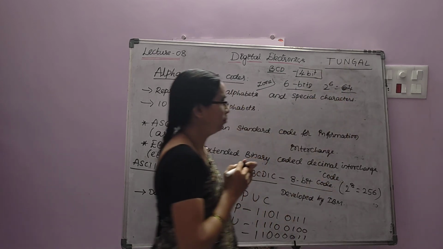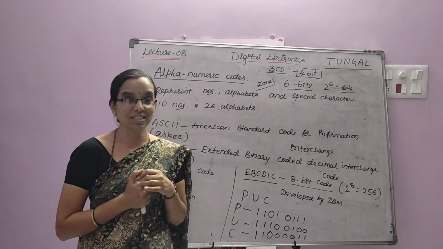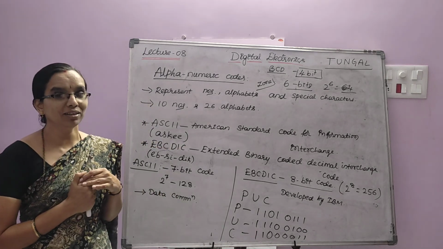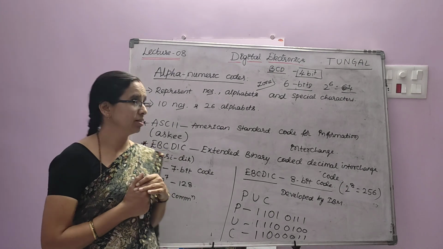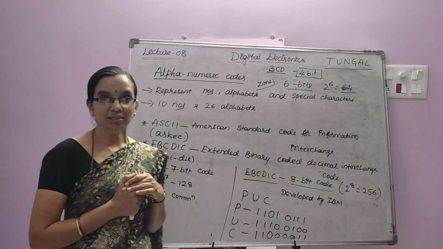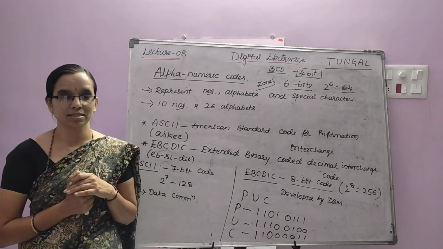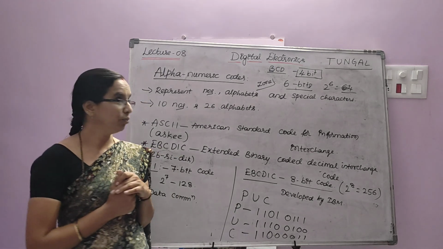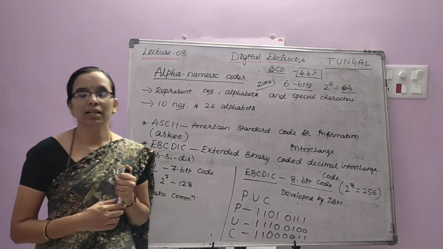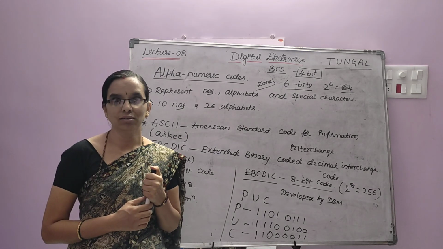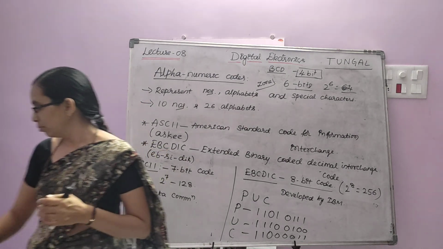See the table and write a word of 6 letters using the EBCDIC code, and work out how many bits are required to represent it. 8 bits for one character, so 8 times 6 is 48 bits will be required. Try to write that using the EBCDIC table that has already been sent in the group.